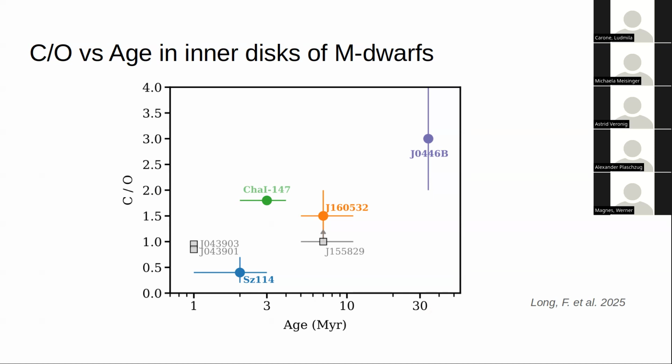They looked at the CO2 ratio with age for these stars, and they found one of the oldest protoplanetary disks around an M-dwarf. 30 million years is quite old. And they see that the CO2 ratio looks like it's increasing with time. And if the oxygen is getting depleted with time, you would expect the CO2 ratio to go up.